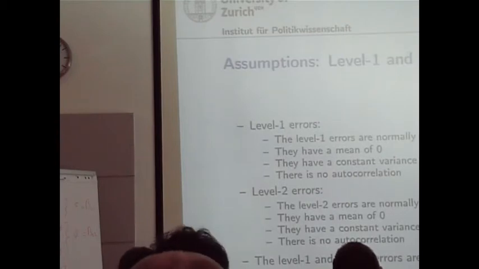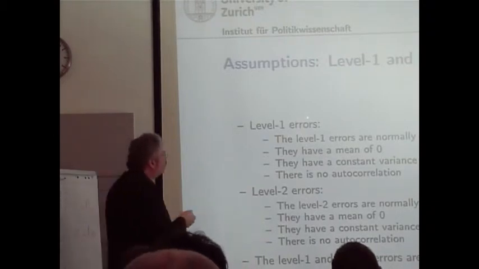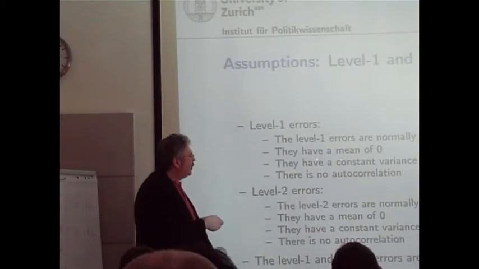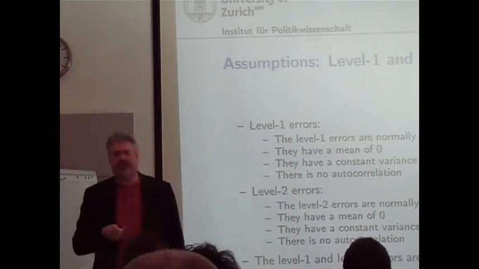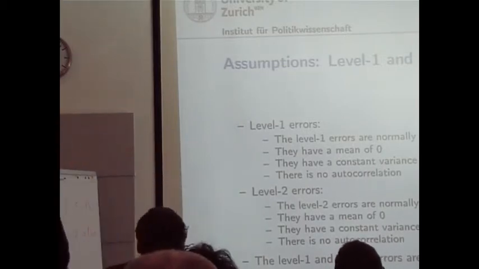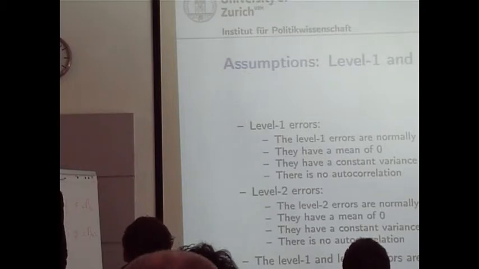Then we make additional assumptions. Some of these I've already covered. The level 1 errors are normally distributed with a mean of 0 and a constant variance, and here too, which I did not explicitly mention yet, they are also not correlated with each other.